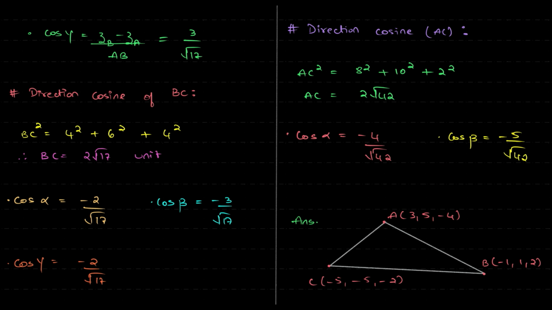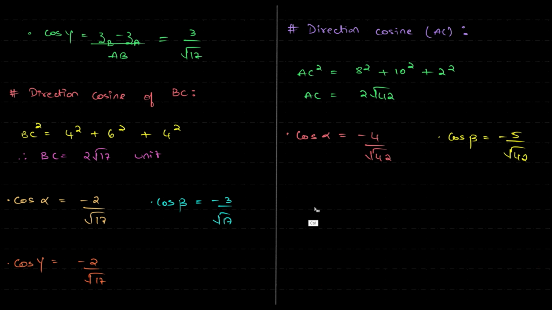And finally, plus 2 divided by 2 root of 42 is plus 1 by root of 42. That's it.